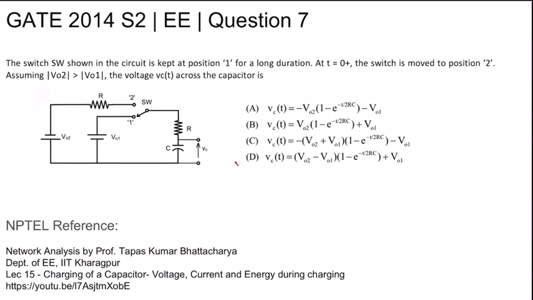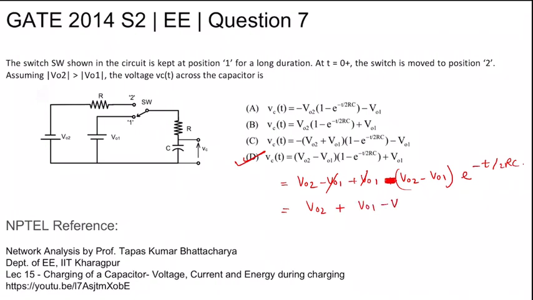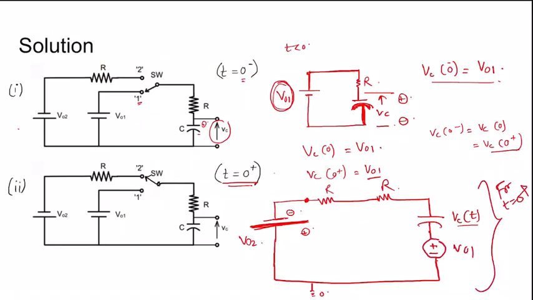Now solving this as per the GATE answer key, this is the correct option, but if you solve it, it is V02 minus V01 plus V01 plus V02 minus V01 times e to the power minus t by 2RC. It is V02 plus V01 minus V02 times e to the power minus t by 2RC. The V02 signs will be reversed.